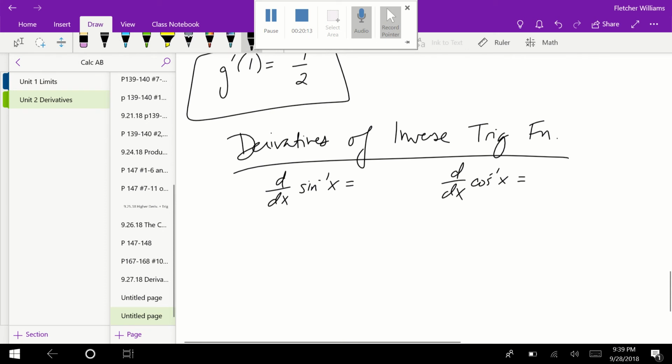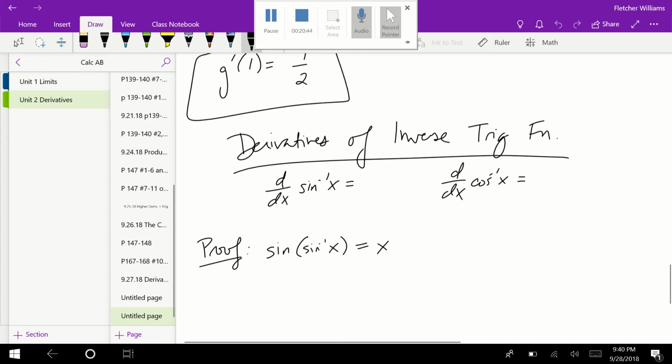Okay, well, I could just use my formula, but I want to show you the principles of how we got our original inverse derivative formula, and how that can be used in case you forget it. So we're looking for the derivative of inverse sine. We can start with this simple principle: sine of inverse sine of x equals just x.